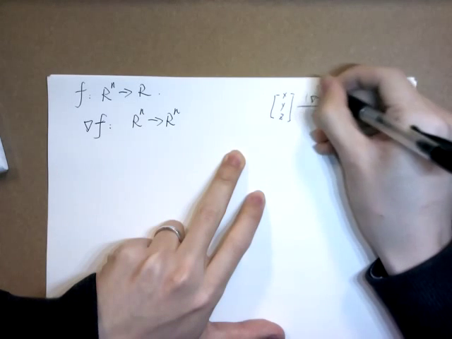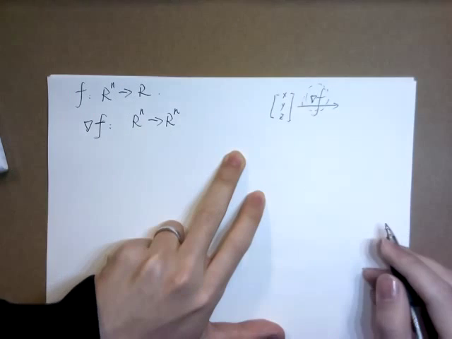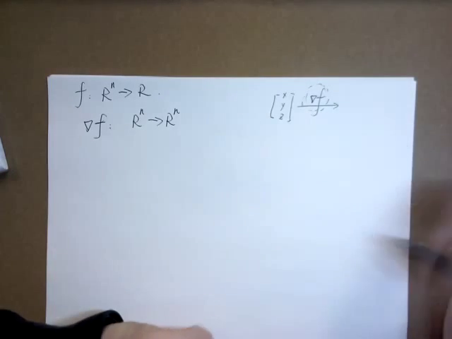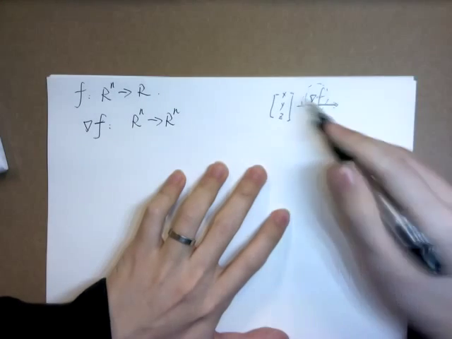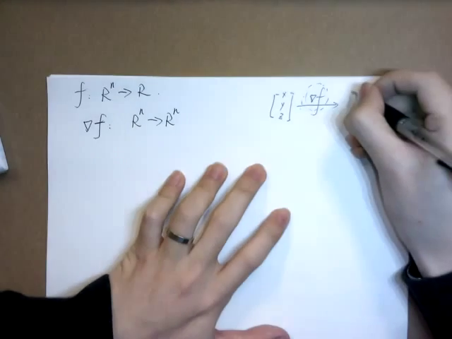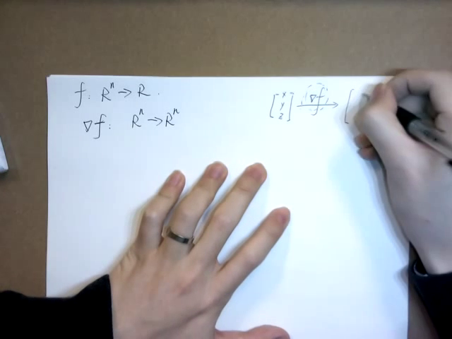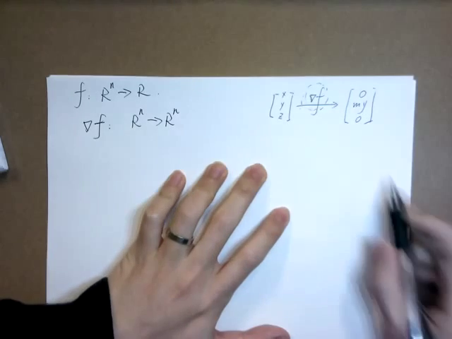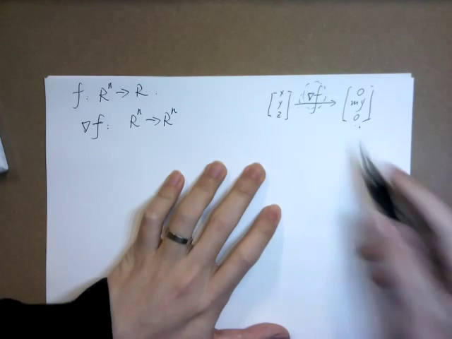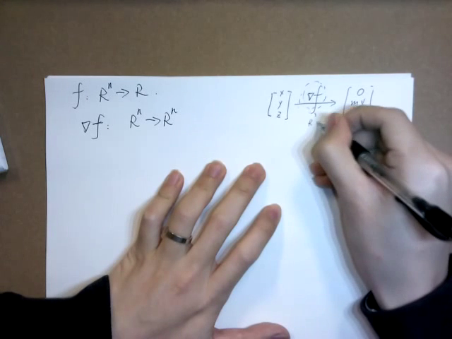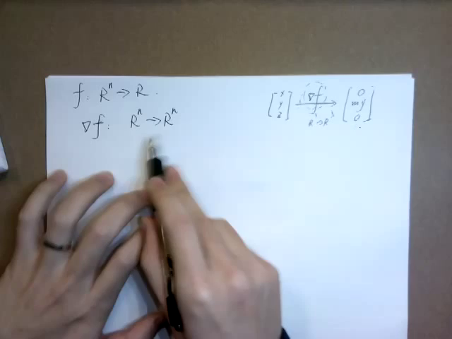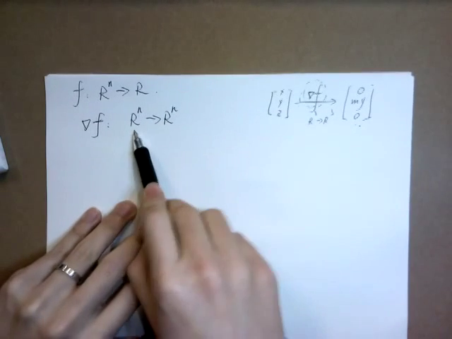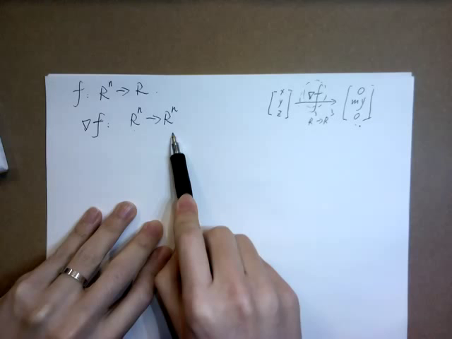I'm treating the gradient of f as the entire function. It's nothing special; it's just a regular function. It maps to another 3x1 vector, so this is a function from R3 to R3. Similarly, the gradient function maps a vector from Rn to Rn.